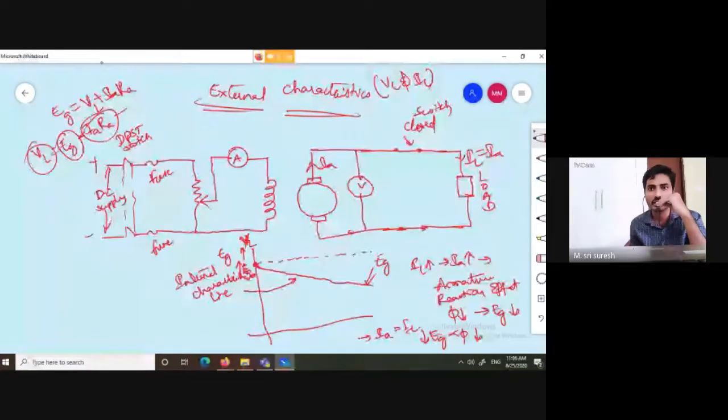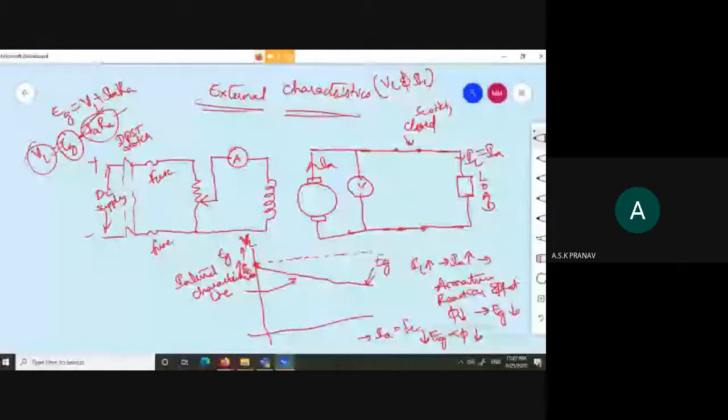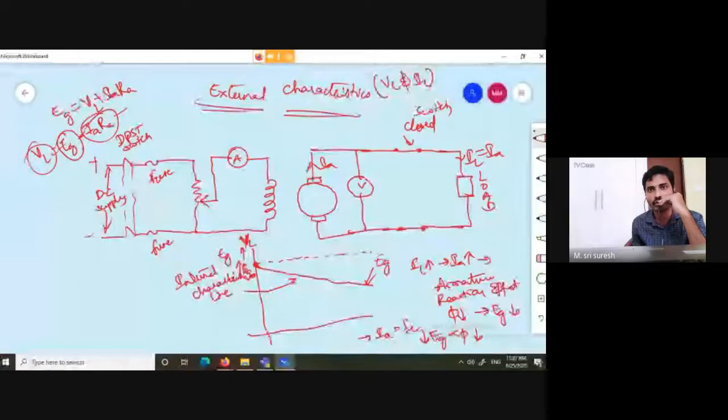Will it come upwards or below? If we subtract IARA from this line, will it come upwards or below? Below. Why? Because this is the EG line.